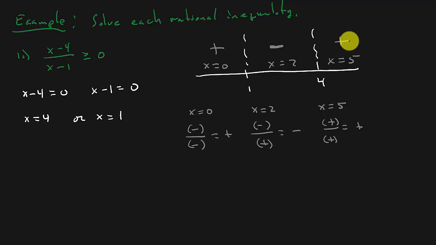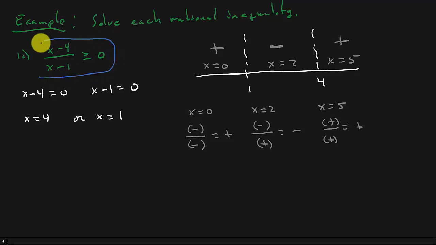All right, now, what do we want to know? We want to know, when is this inequality greater than or equal to 0? When is it positive or equal to 0? Well, you can see it's positive here and here. Okay, so what's our solution? It's negative infinity to 1 or 4 to infinity.